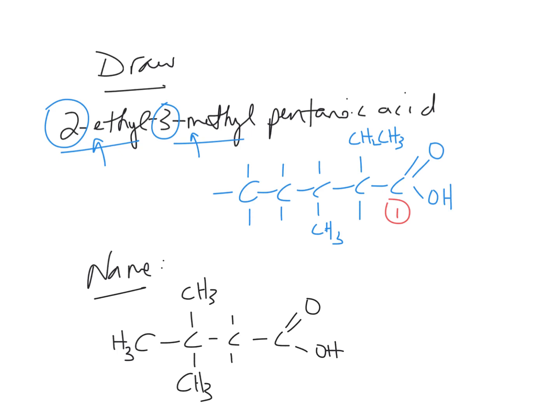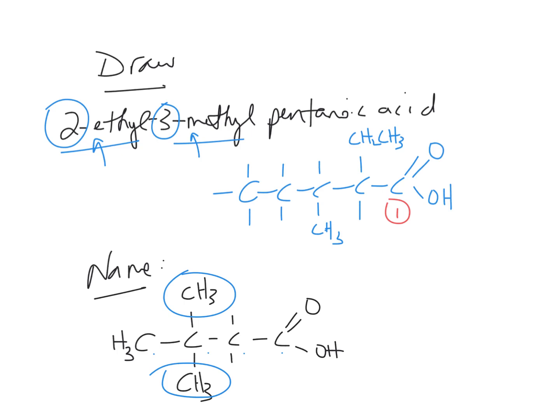Then we have to name the one at the bottom here. The one at the bottom has 1, 2, 3, 4 carbons in its longest run, so we know it's going to be a butanoic acid. Then we have some substituents. We have 2 methyl substituents, and they are both on carbon 3.